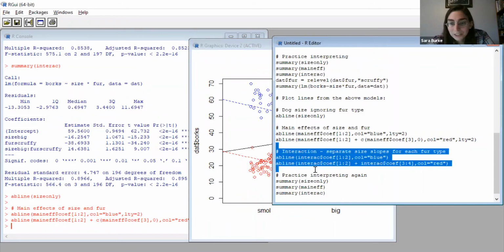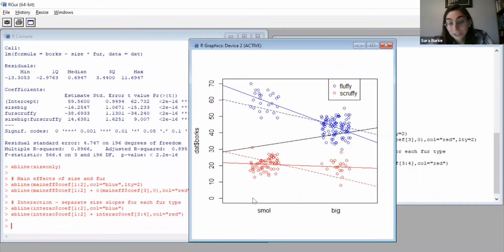And then here are the lines for the interaction model, the most complex model. Remember, the black line is the overall size effect with no information about fur.